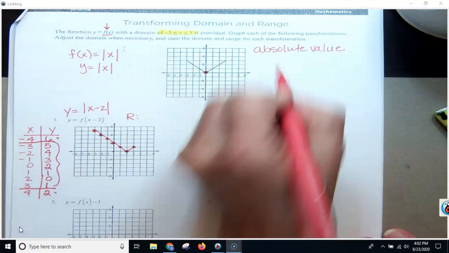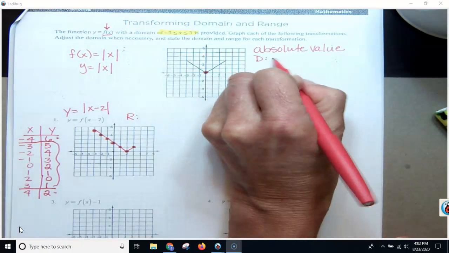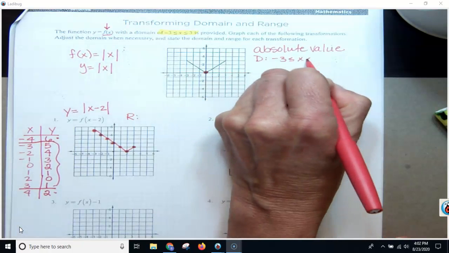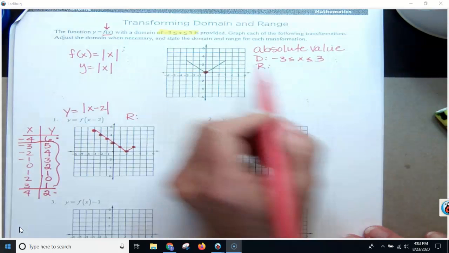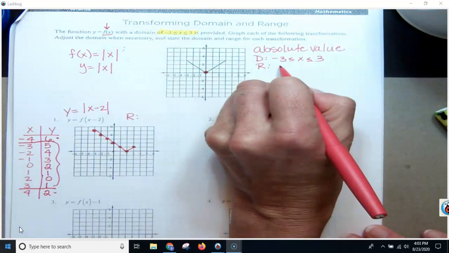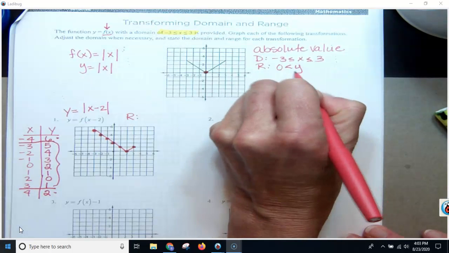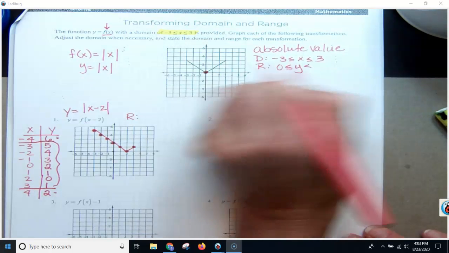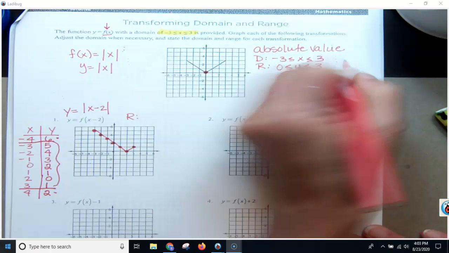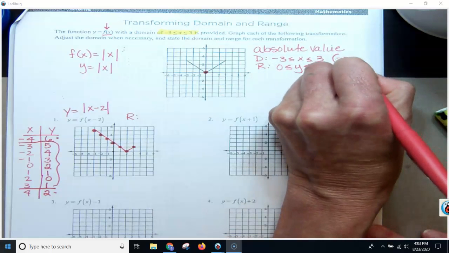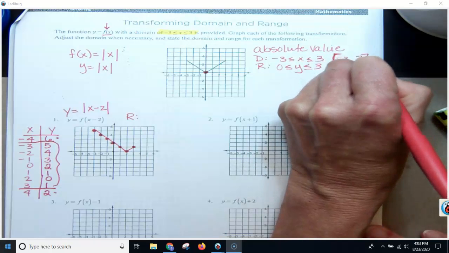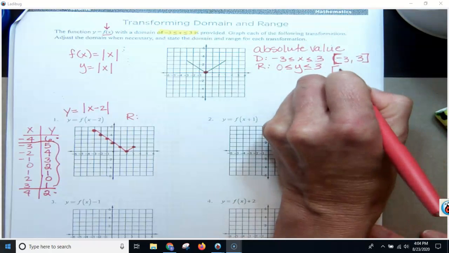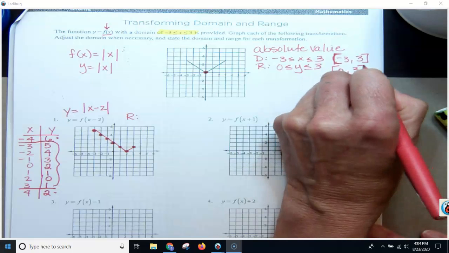In this one, my domain was -3 to +3, and my range going from bottom to top is going to be 0 to 3. And then writing that in interval notation, it would look like this.